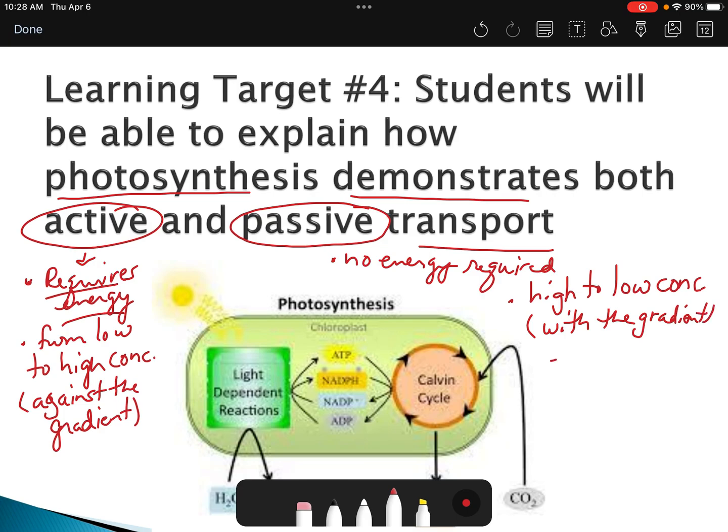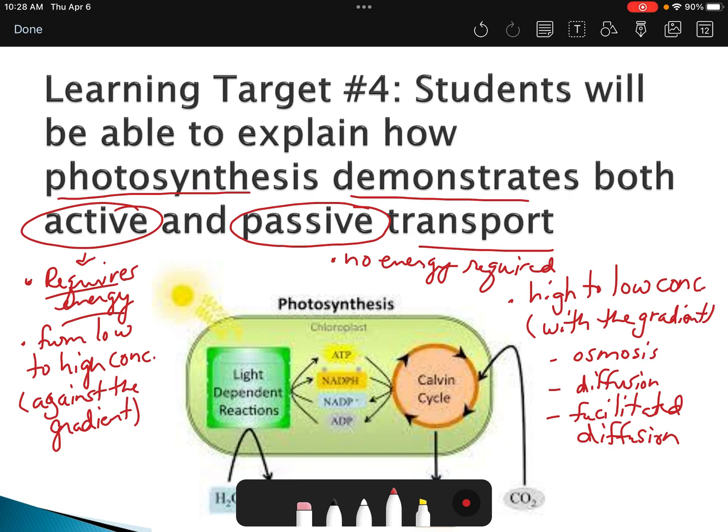So that includes things like osmosis, diffusion, and then a special kind of diffusion called facilitated diffusion. And remember, that needs a protein channel.